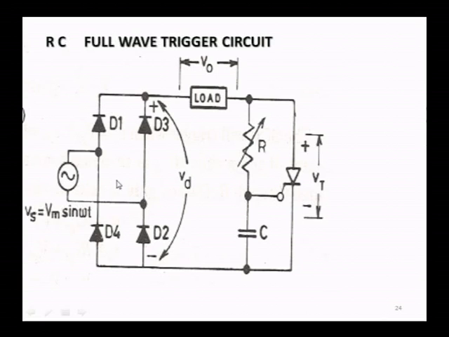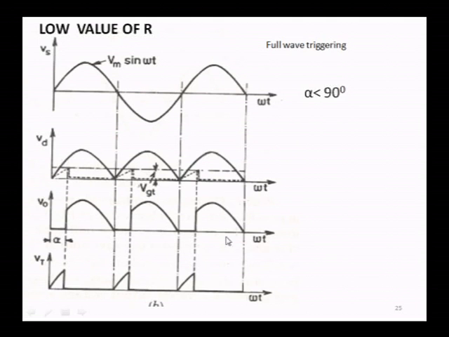In this case, the input itself is rectified and then supplied to the load, connected to the RC circuit, and these are the waveforms for a low value of resistance to trigger the SCR below 90 degree, alpha less than 90 degree. You can see both cycles are available, you can see the waveforms on both cycles.